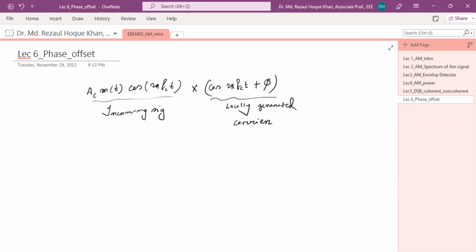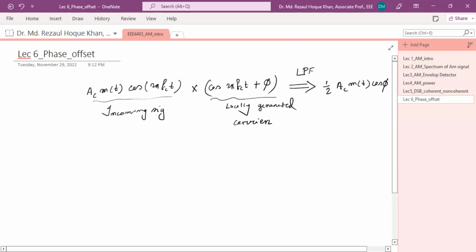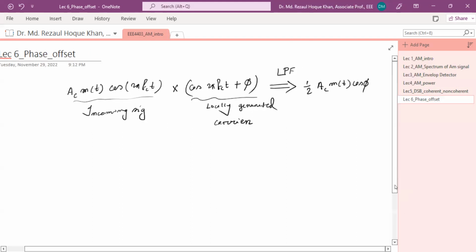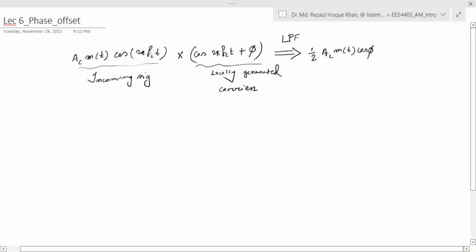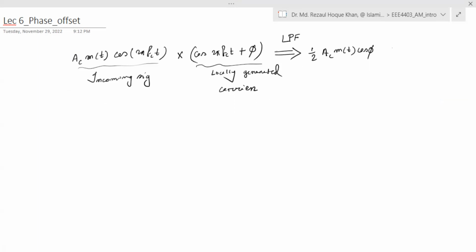Now, after this signal passes through a low pass filter, we only have the baseband portion of the signal, which is half A_C m(t) cos phi. Other portions of the signal are filtered out by the low pass filter. The low pass filter only allows the lower frequency of the signal, which is the baseband signal in our case.